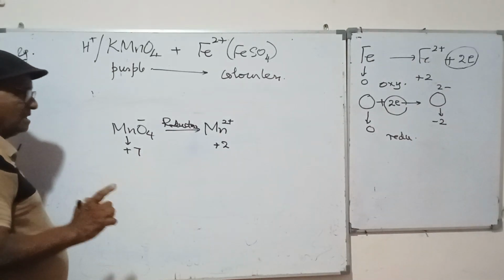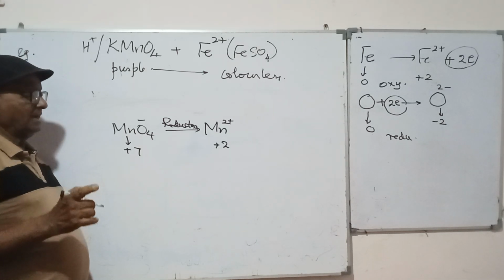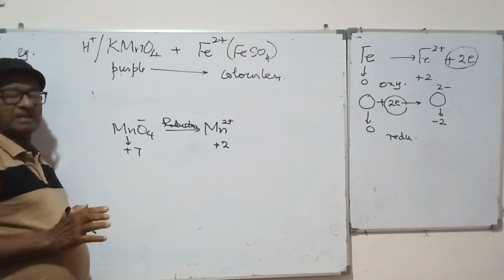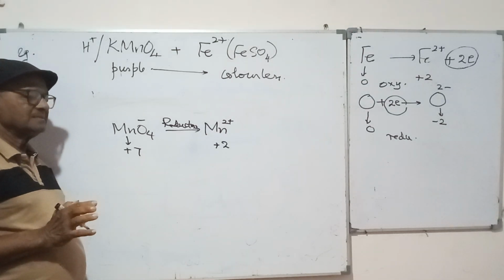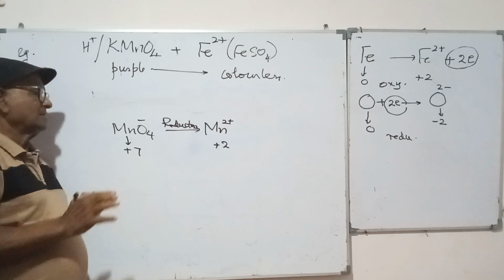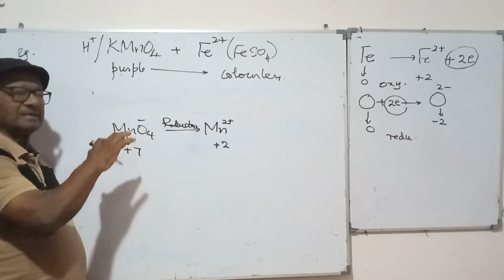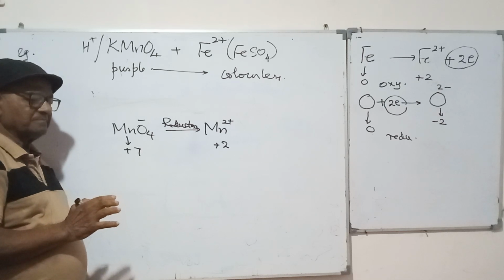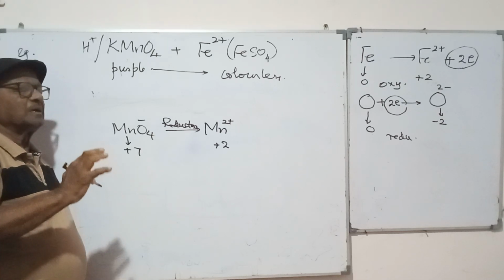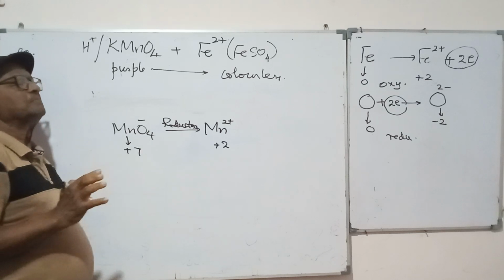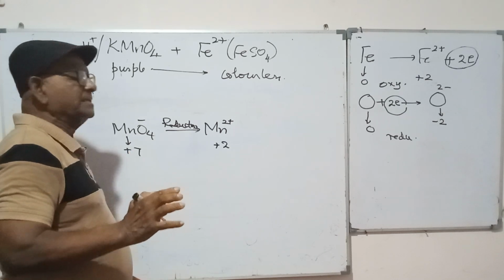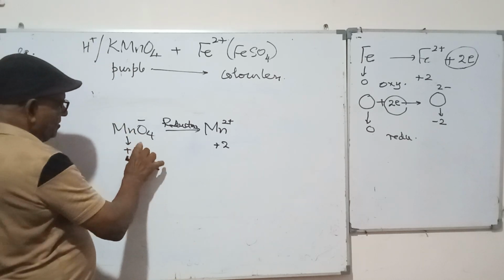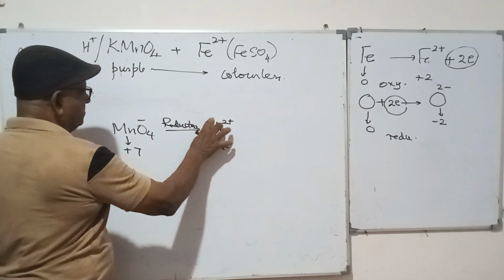Now I'll explain how we balance this equation. There are different methods, right, to balance the equation, such as ionic half reactions. But I'll tell you the most appropriate or easy method. MnO4 minus to Mn2 plus.